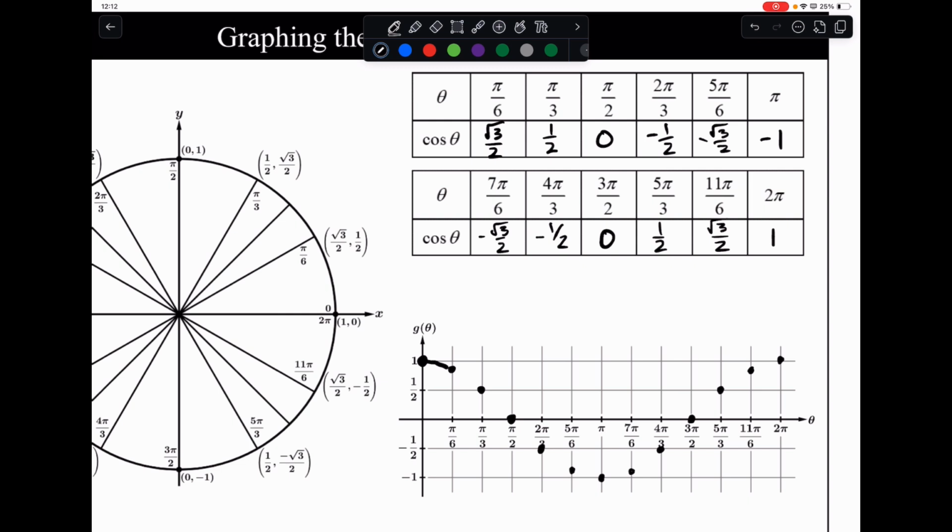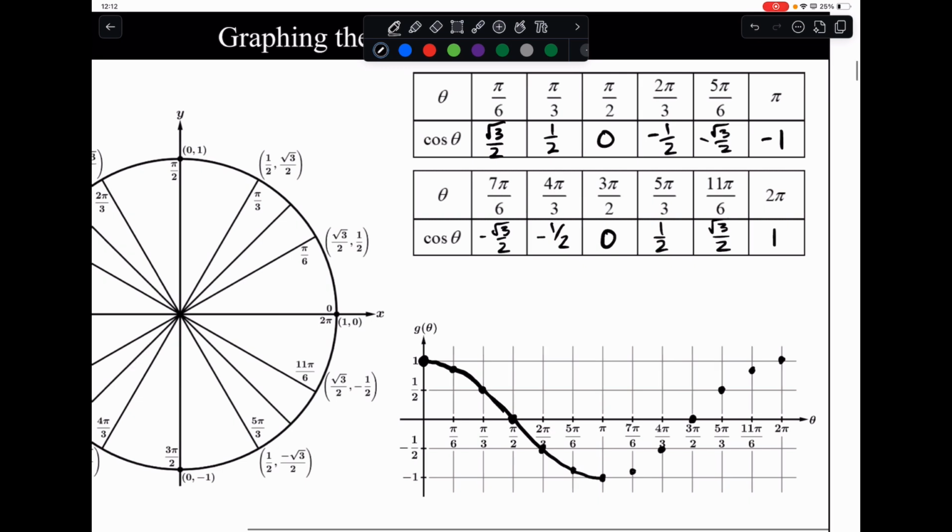So connecting these points, our cosine function looks like this. And this is one complete cycle of our function. So a complete cycle goes from a maximum to a maximum. And it still has two concavities, okay?